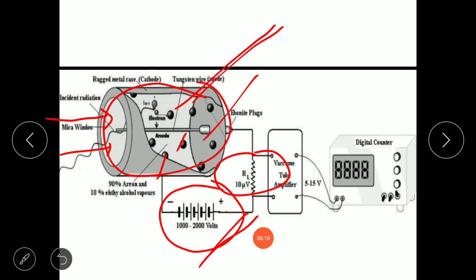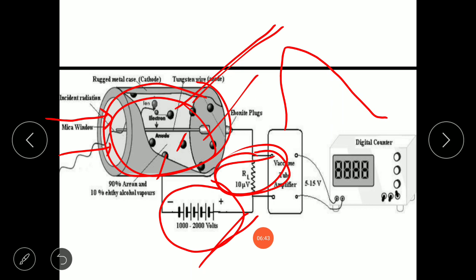So when the gas ionizes, a very heavy current flows through this resistance, causing a large voltage drop. This voltage drop is sufficient to reduce the anode voltage much below the ionization potential, and this ceases the ionization process inside the tube.